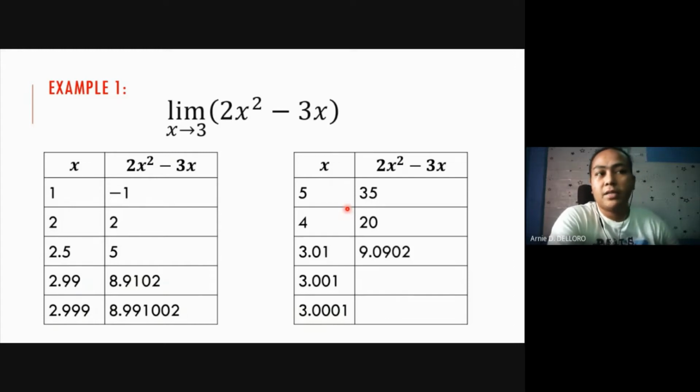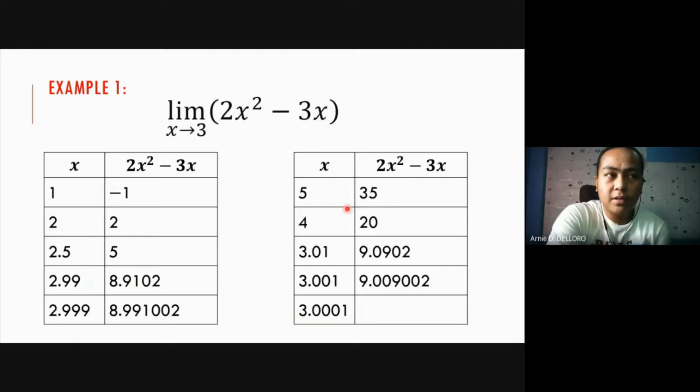If the value of x is 3.01, the value of the function is 9.0902. If x is 3.001, the value of the function is 9.009002.